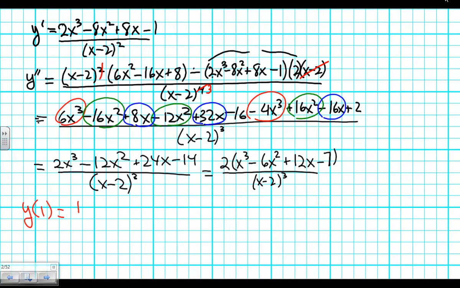So what is 1 cubed minus 2 times 1 squared plus 1 minus 1 over 1 minus 2? That's 1 minus 2, those two cancel out, over -1, and there's our 1. So the point of inflection is the point (1, 1).